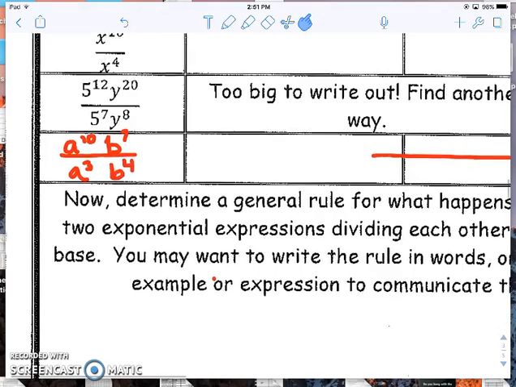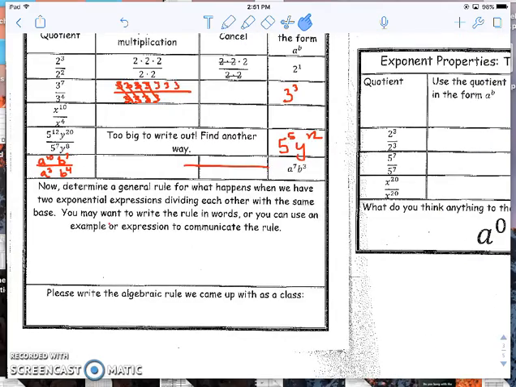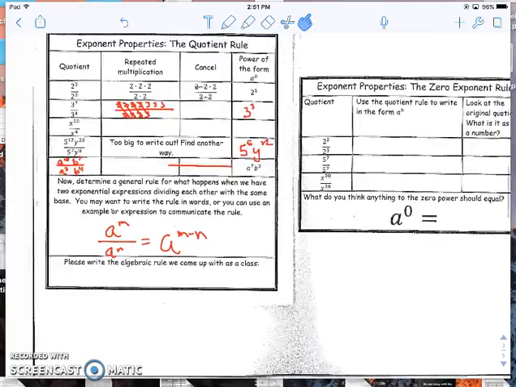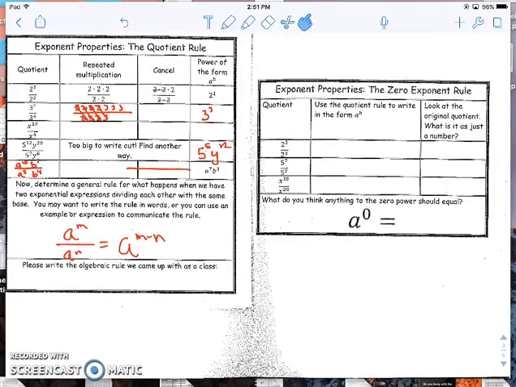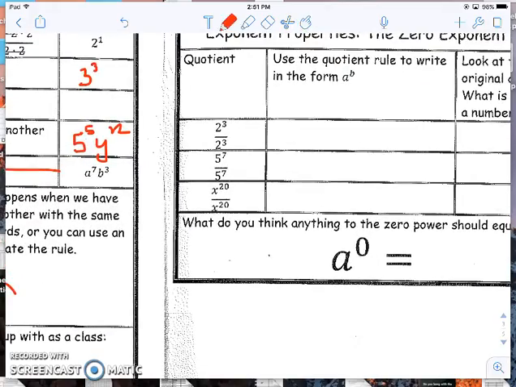There's tons of possibilities there. So in general, if we have a to the m over a to the n, we subtract there. So the rule for zeros, let's see. If we use the quotient rule, this would be 2 to the 3 minus 3, or 2 to the 0.